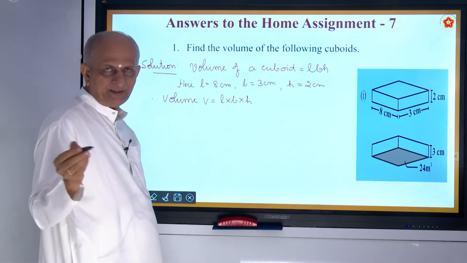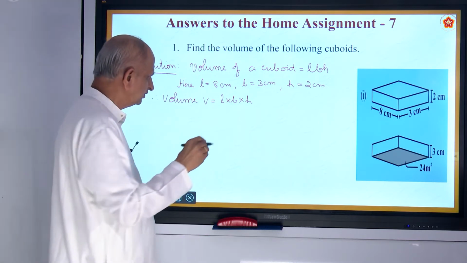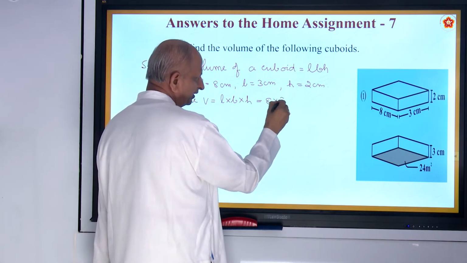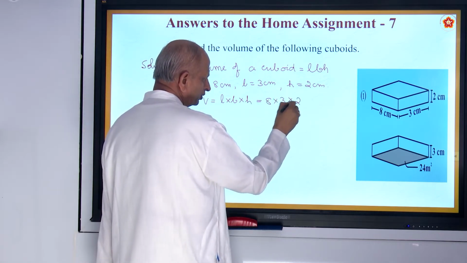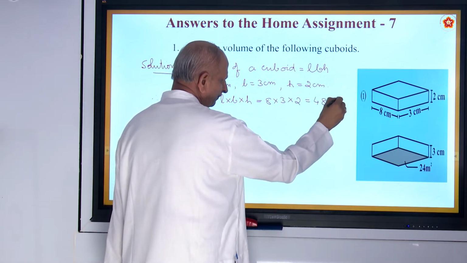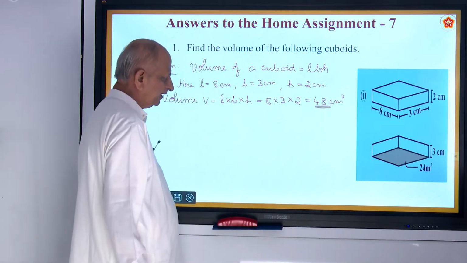When you don't write a multiplication sign, you can write LBH, L into B into H. So L is 8, B is 3, H is 2. 48 centimeter cube. That is the answer in the first figure.